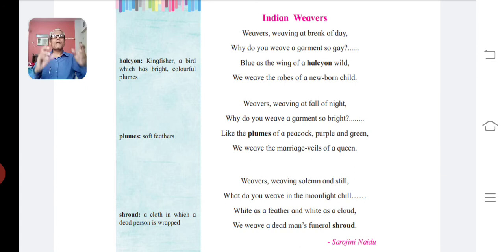See, rhyme scheme and the rhyming words are completely two different things. Rhyming words are completely different from the rhyme scheme, but the rhyming words make the rhyme scheme, but the rhyming words create the rhyme scheme. So what is rhyme scheme?